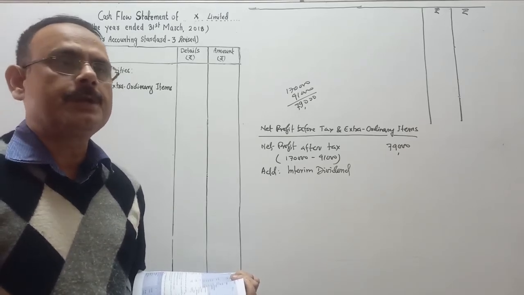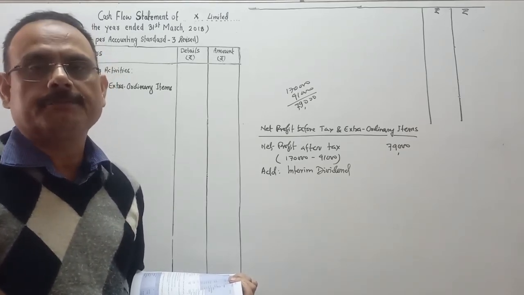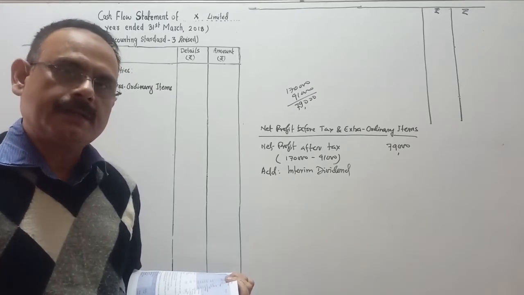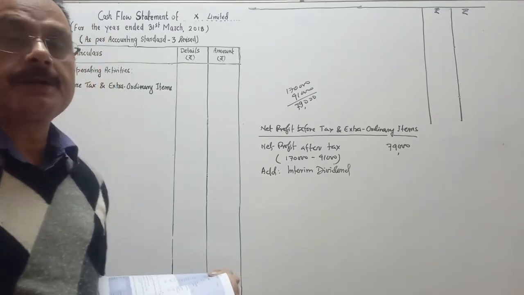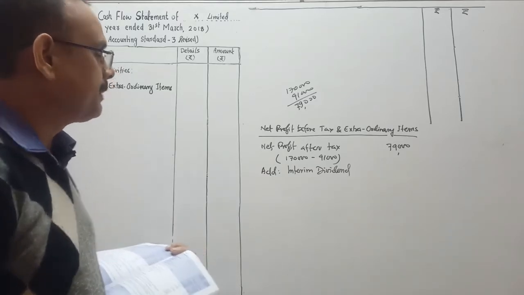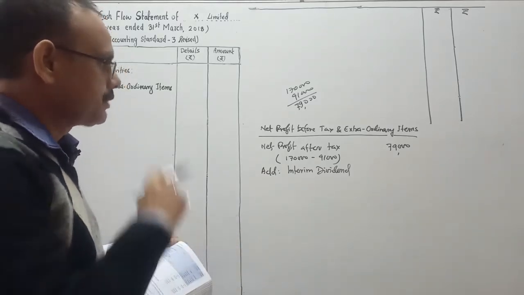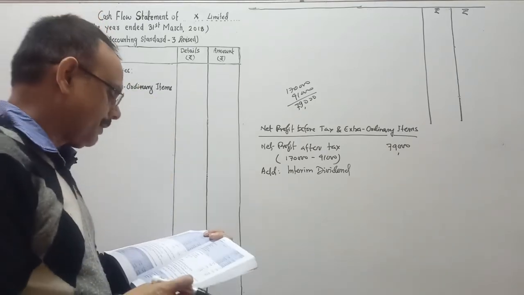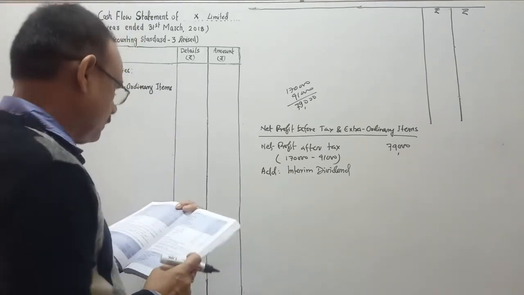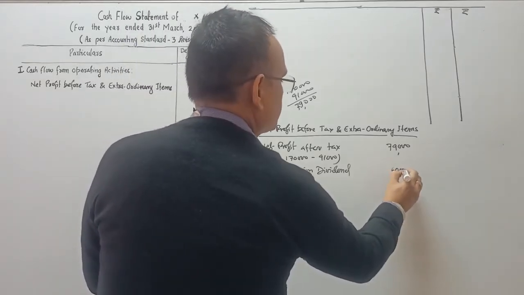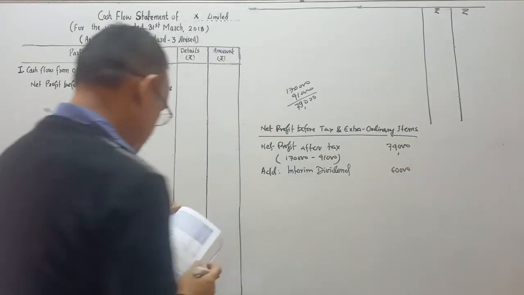It is declared only when the company earned a very good profit, more than the expectation level, and is satisfied with the profit, so the company may declare it in between the financial year. So interim dividend is an allocation of profit. This will be added back. Interim dividend declared by the company as per additional information number 1 is 60,000.